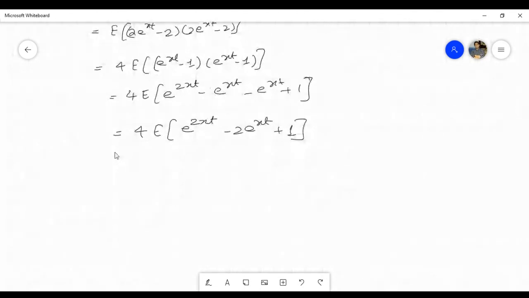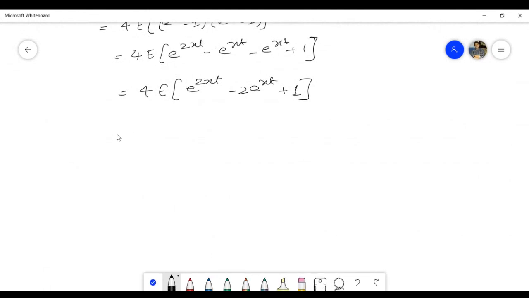So it will be like 1 by 3, 0 to 3, e power 2xt minus 2 e power xt plus 1 dx.